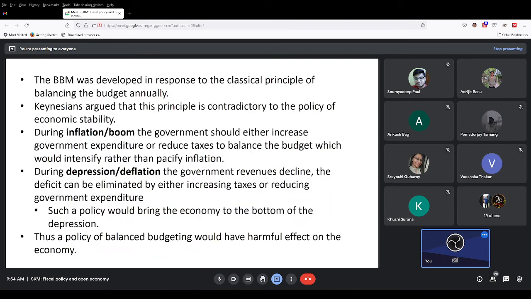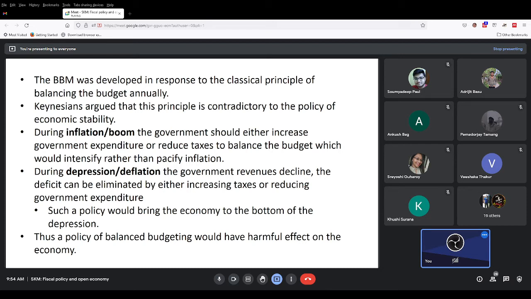Okay. So this is the next slide. So basically the Keynesian argument was that balancing the budget is going to affect economic stability. The economy, as you can see, is becoming more unstable.